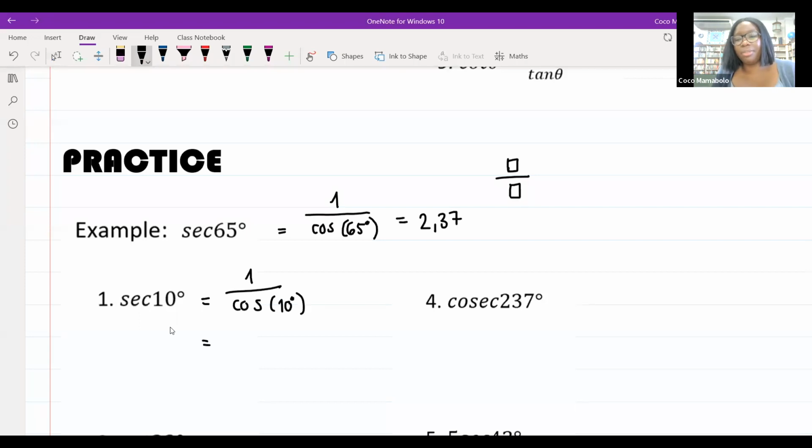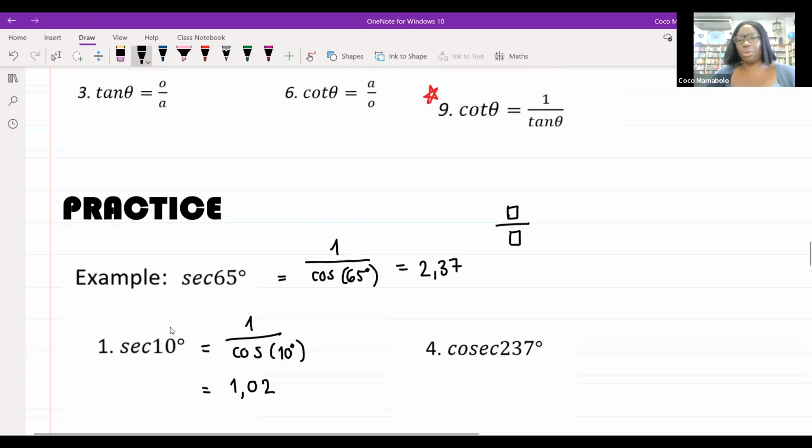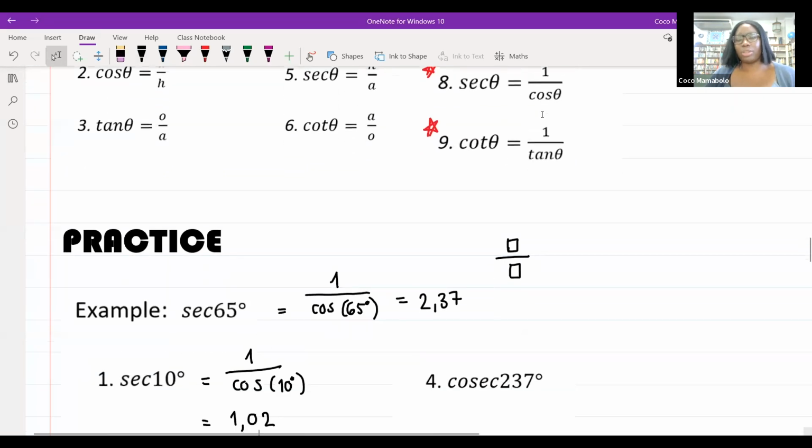Give me an answer. 1,02. Beautiful. How simple is this stuff? It's very easy, right? Yes, ma'am, it is. Thank you so much, Reatile. You're a whole rock star.